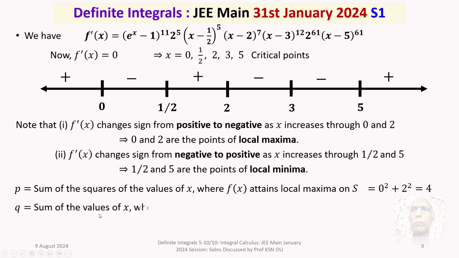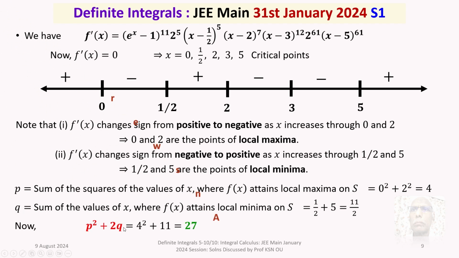And Q is the sum of the values of x where f of x attains local minima on S. The local minima is attained at 1 by 2 and 5. The sum is 1 by 2 plus 5, that is 11 by 2. What is wanted is P square plus 2Q. P square is 4 square, that is 16, plus 2Q is 2 into 11 by 2, which is 11. So 16 plus 11 is 27.